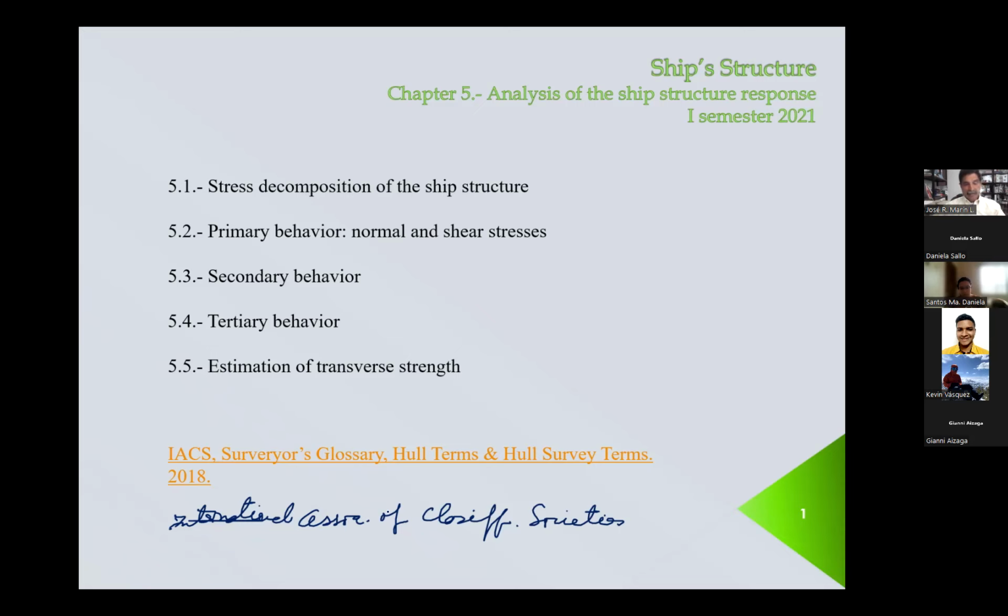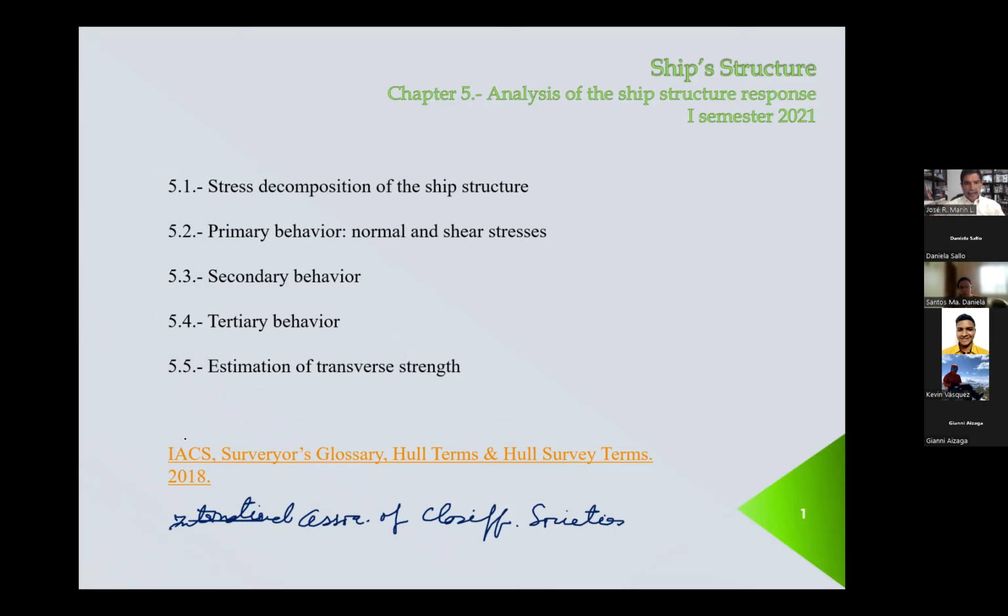So any vessel that operates in this area has to be classified by an IACS classification society. That tells you the importance of being IACS, right? And of course, you have the largest ones in here. For example, ABS, Lloyd's, DNV, RINA, and things like that.